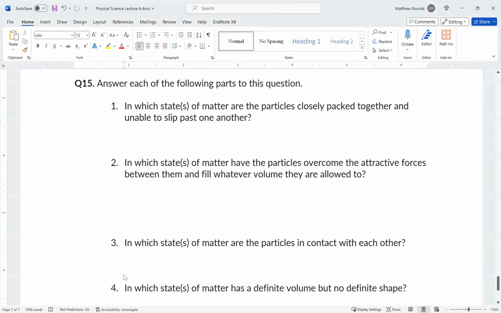Just choose one for each. In one and three, I feel like solids are the only answers for those two. Okay, here's what I wrote out for the answers, and we'll see.